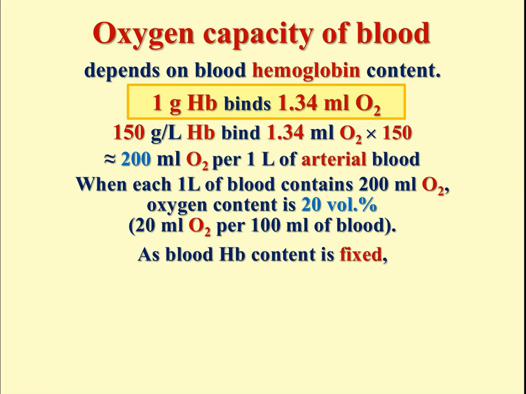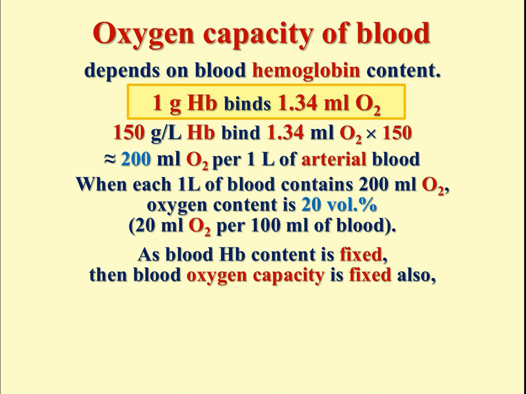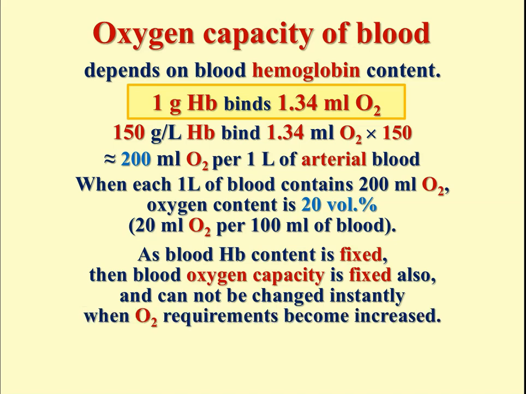And we understand hemoglobin content is fixed. In blood, oxygen capacity is also fixed. And so when we start some physical activity, for example, we cannot change the oxygen capacity. Therefore, the way to deliver more oxygen to the body is to increase the number of liters of blood delivered each minute to the body, or simply cardiac output.